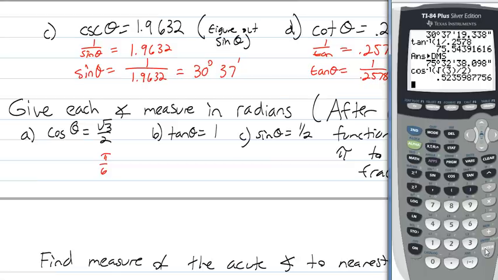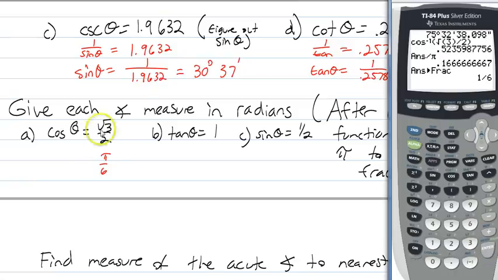But if you don't know that decimal is pi over 6, how you figure it out is you divide, after you do the inverse, which is written on your right hand side, divide that answer by pi, because then we're going to take the pi out to see what the fraction is. Well, that's not what I wanted to do. I want to divide by pi. And when I take the pi out, I get the fraction. And there's my fraction.